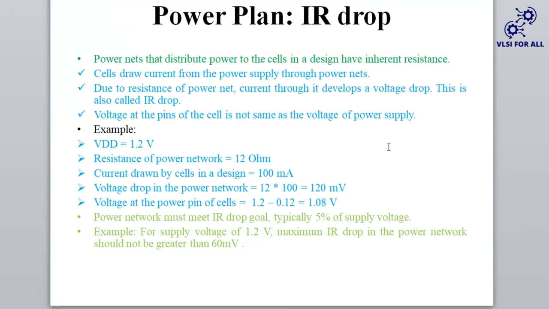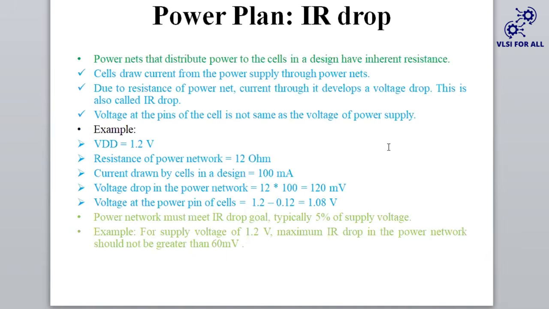So how to reduce this IR drop? We just got to know how IR drop occurs. By seeing some steps we'll get to know how we can reduce it. But before that, let me say what is meant by IR drop.